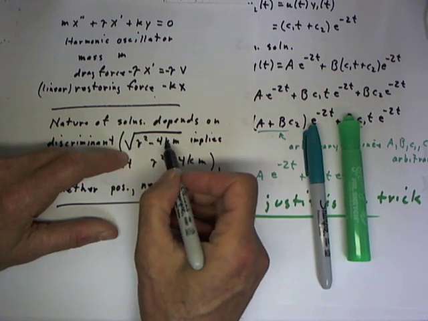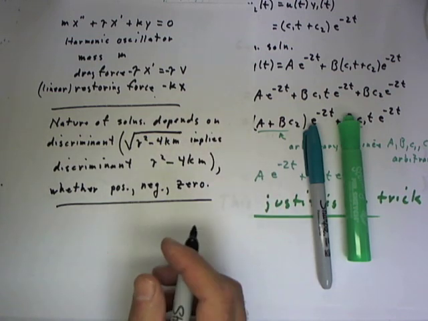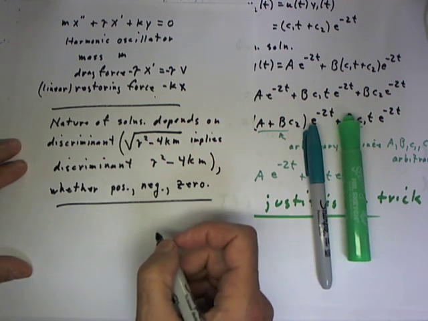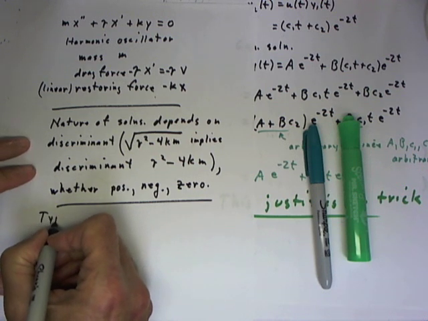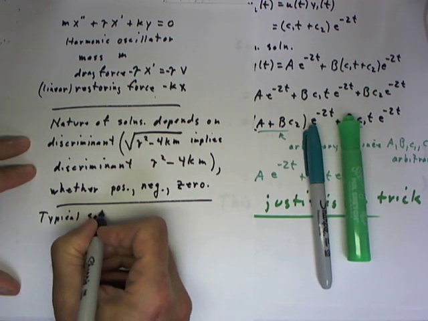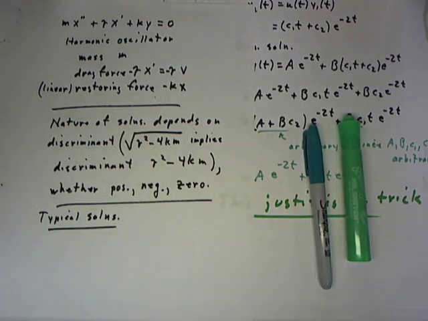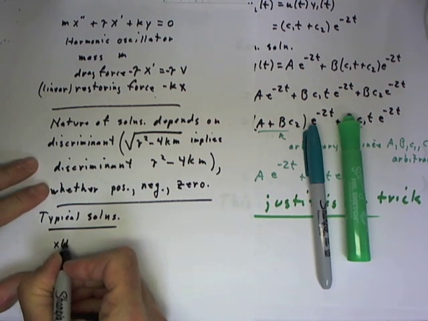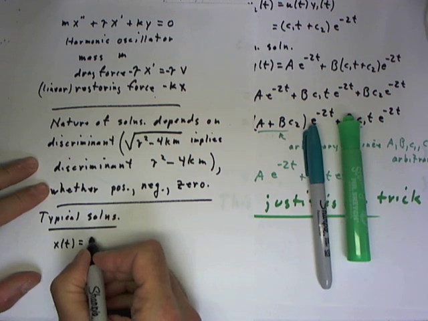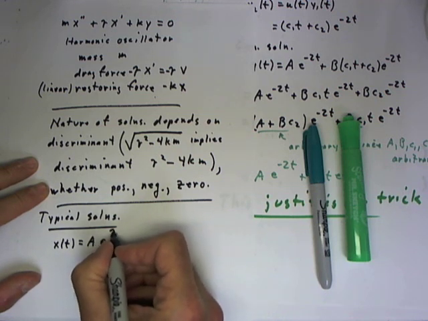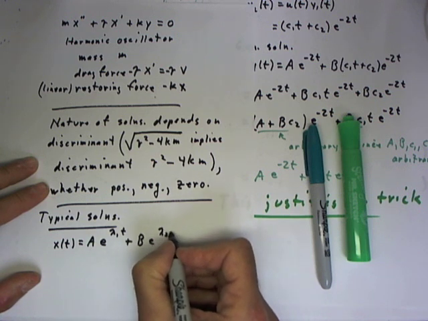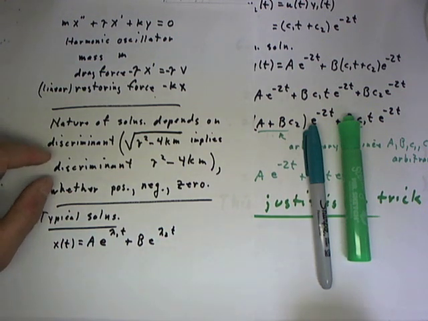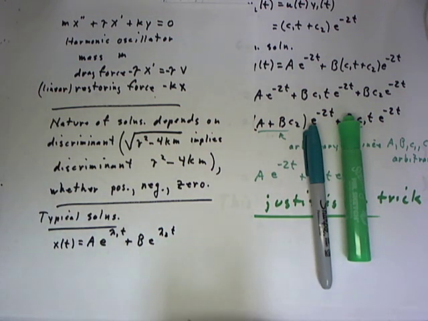The square root of the negative discriminant is going to give us an imaginary number, and we'll use Euler's identity and get oscillating solutions, sines and cosines. Typical solutions: we might get x of t equal to a e to the lambda 1 t plus b e to the lambda 2 t, where lambda 1 and lambda 2 are two solutions of the characteristic equation.